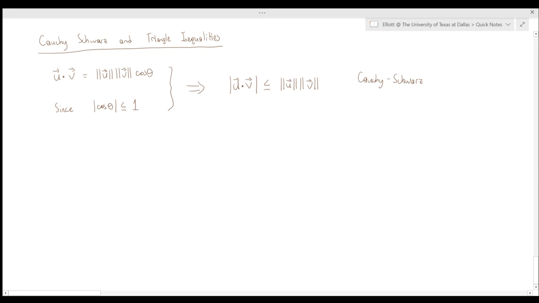Regarding the triangle inequality, if we look at the length of u plus v squared, and FOIL this out, as we've done a couple of times already in this review, it's the length of u squared plus the length of v squared plus 2 u dot v.